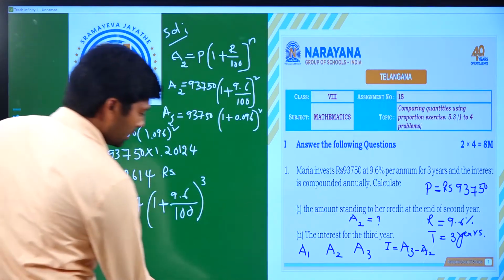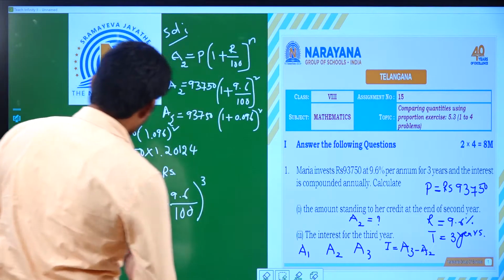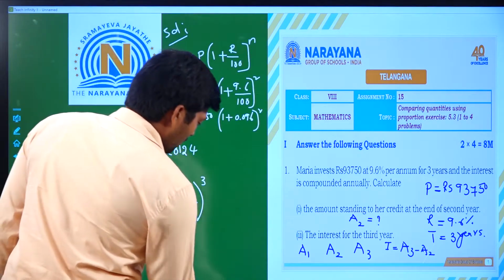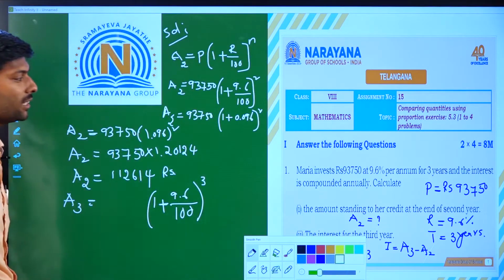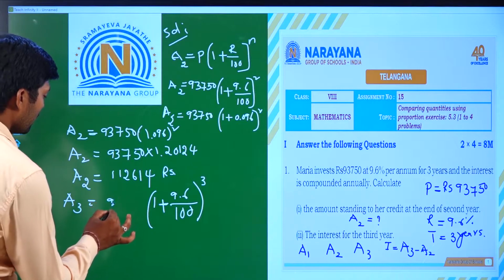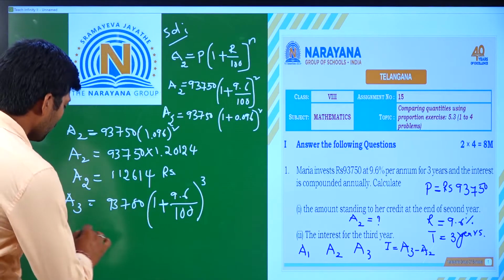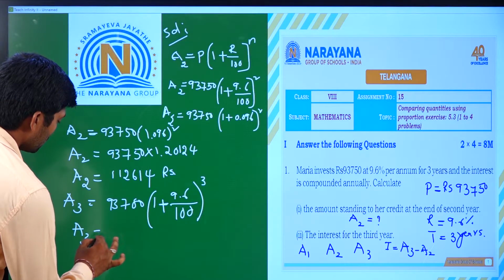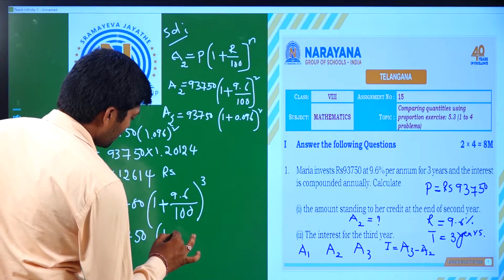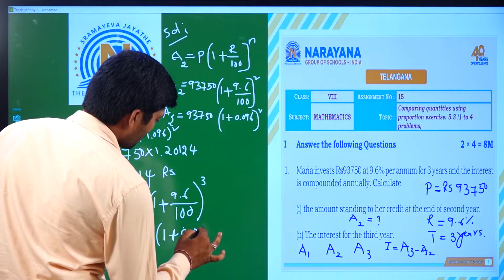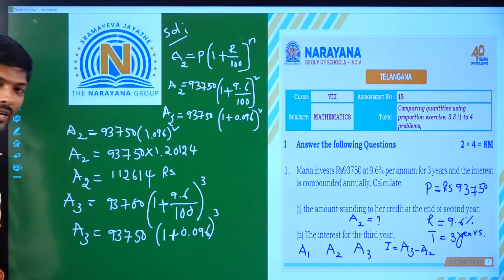Here you can take the principal amount, which is given as 93,750. To simplify, this can be taken as 1 plus 0.096 whole cube.